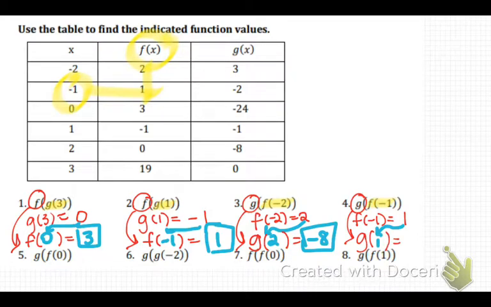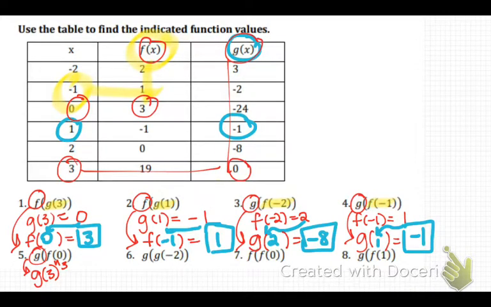Okay, and what is G of 1, Christian? Negative 1. Perfect. So that will be the answer to number 4. Is that better? Okay. Can you guys try the last 4, please?